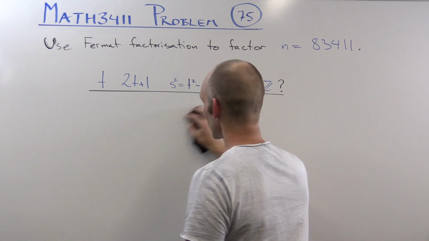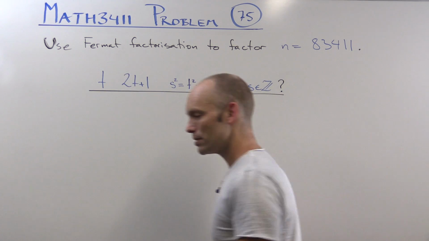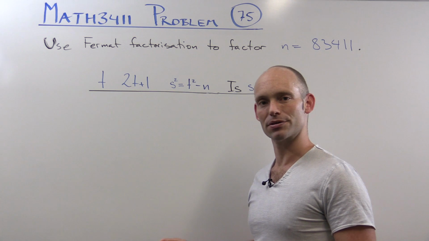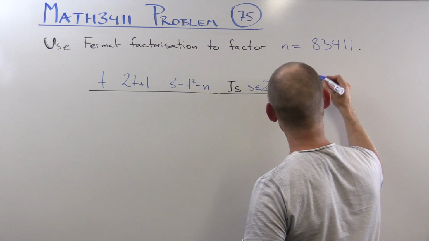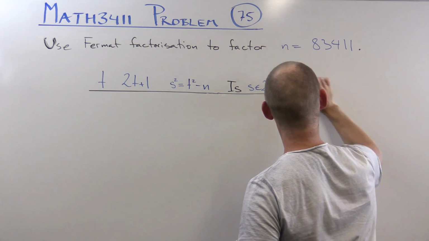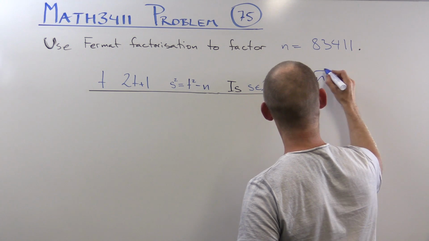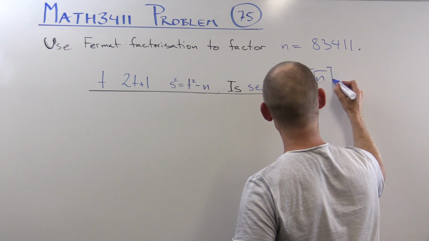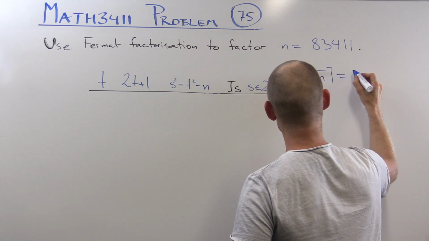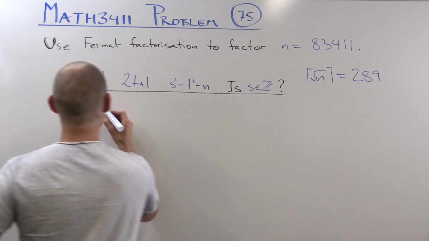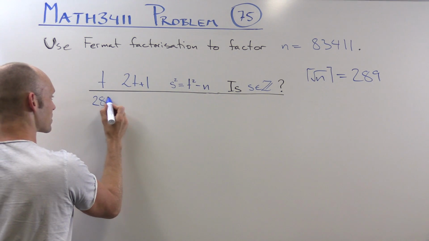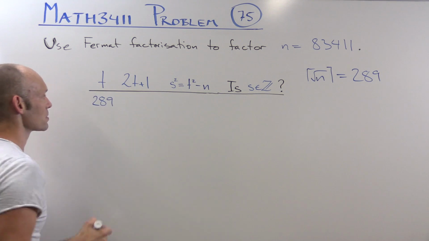First of all, we start off roughly around the square root of this number. So we calculate the square root of n, and we round up, and that gives you 289. So that's the first number that we'll look at in this algorithm.